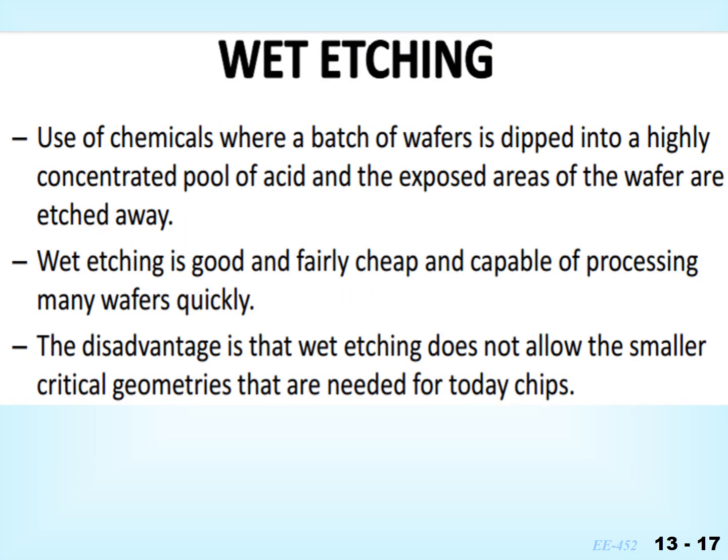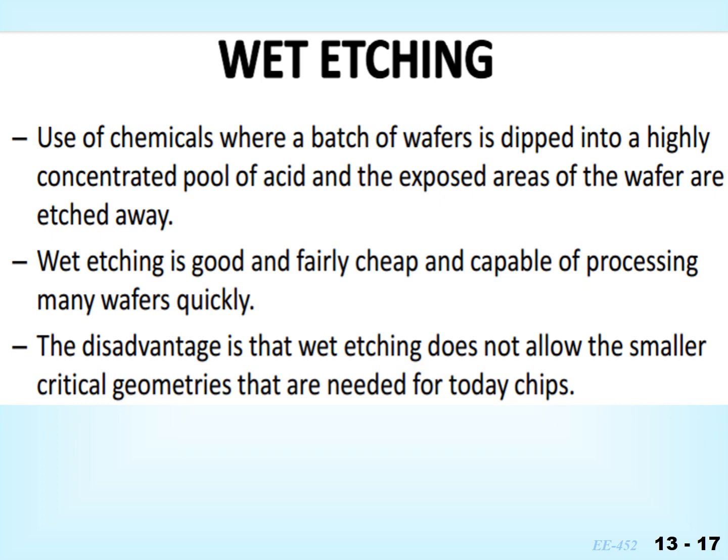Wet etching uses chemicals where a batch of wafers is dipped into acidic solutions, and the exposed areas become soluble in this acid, which helps in their removal. What we have done is oxidation followed by photolithography.